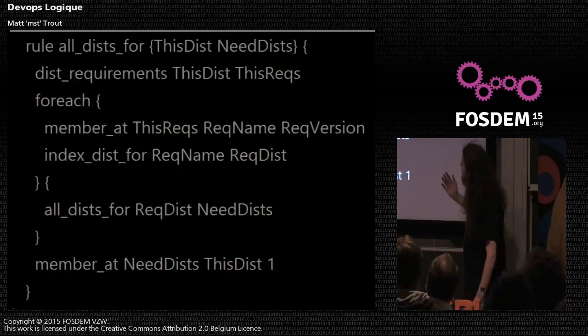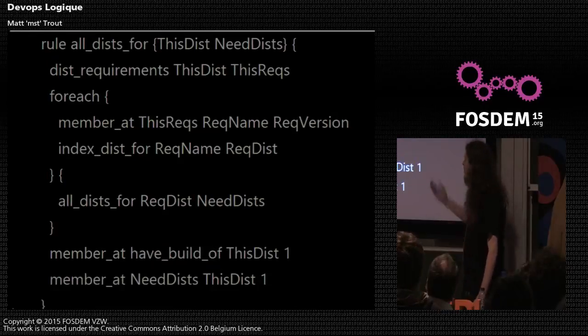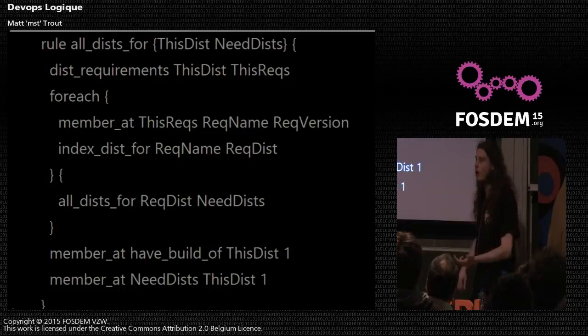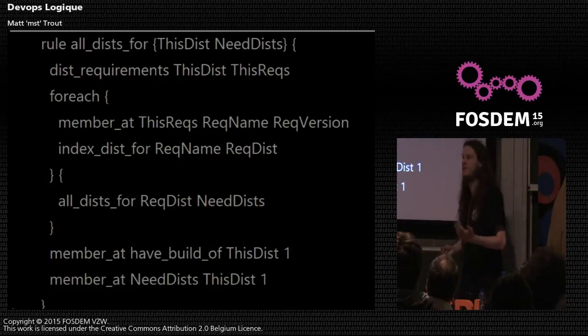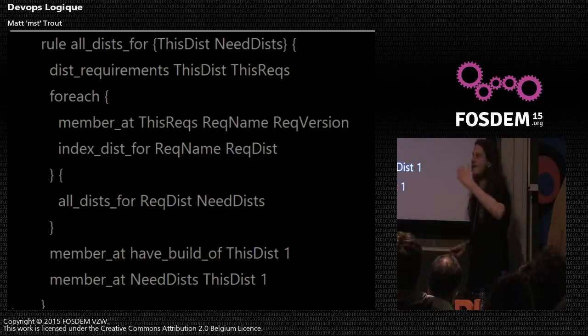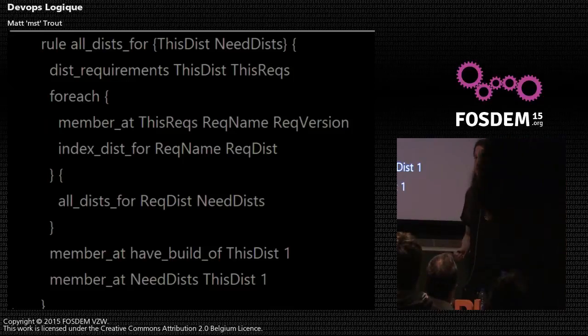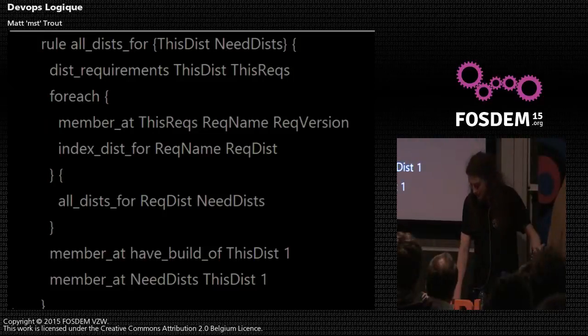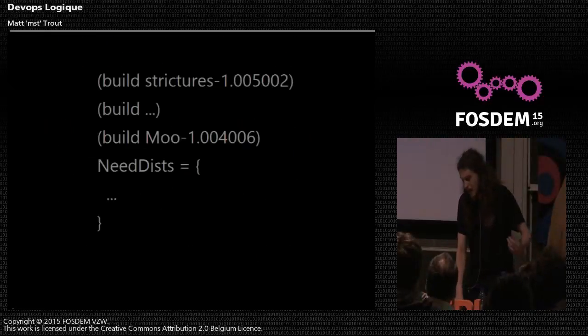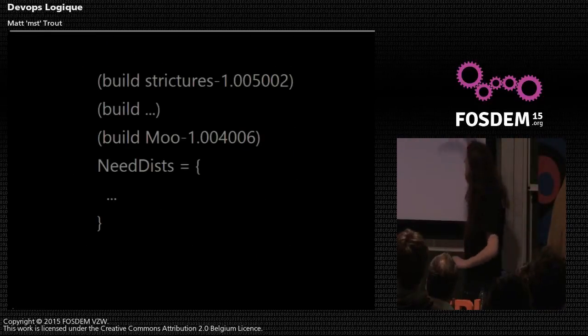At which point, you add one line of "we need to already have a build of it", and the system is then capable of not only solving the dependencies, but scheduling actions to do the relevant CPAN installation of everything that isn't already installed. So you end up with a list of build actions to run and then a final set of distributions.